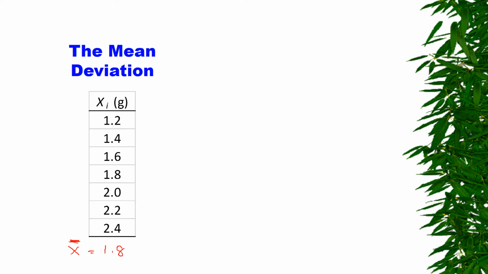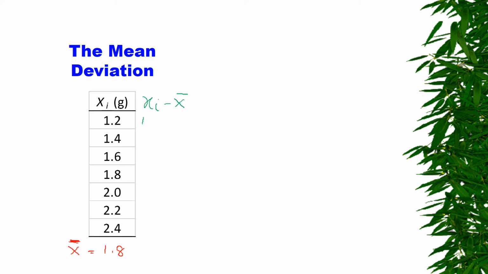As is evident from this data, the range conveys no information about how clustered about the middle of the distribution the measurements are. Since the mean is so useful a measure of central tendency, one might express dispersion in terms of deviations from the mean. The mean of the sample is 1.8. So we consider how much each data point has deviated from the sample mean. The deviation will be xi minus x bar.